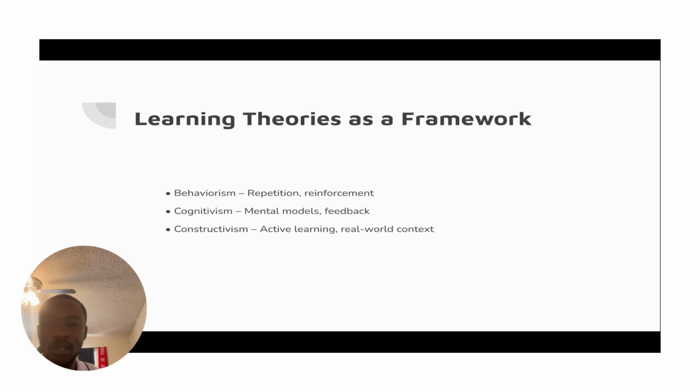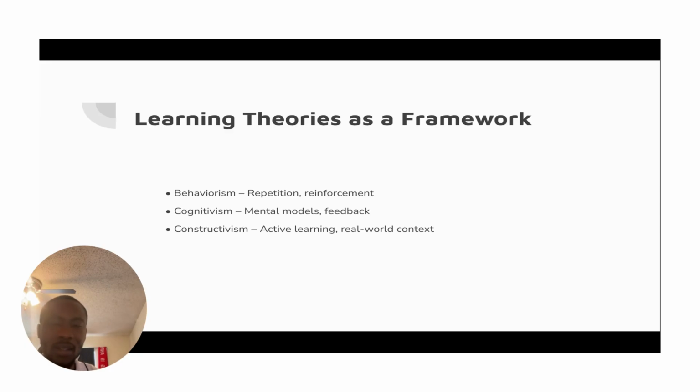With cognitivism, we are talking about the mind as well as the mental models or mental structures that go into our learning process. And when we talk about constructivism, that involves the construction of knowledge through active learning in real-world contexts.